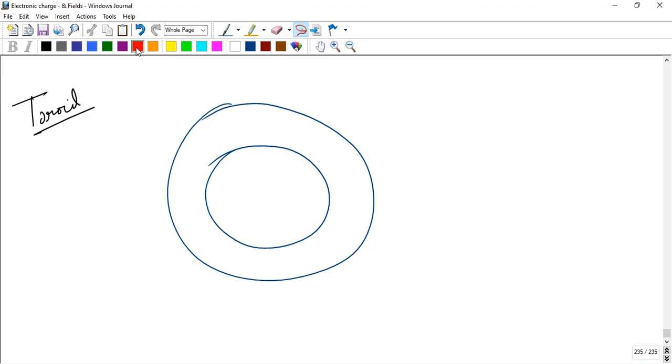Suppose there is a dot here, a cross here, dot, cross, dot, cross, all around the donut.